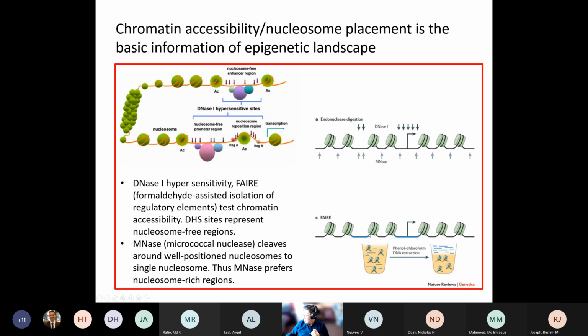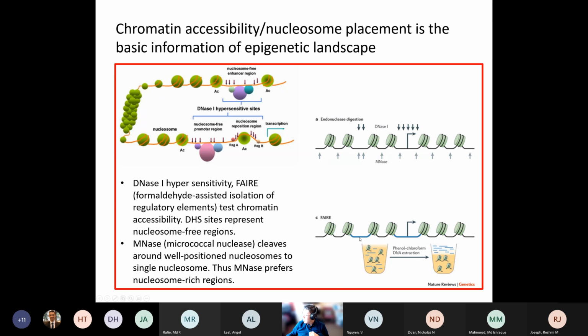But this region, as you can see here, this light blue region, it's not cross-linked to anything. Therefore, when you put it into solution, you can extract this relatively naked region. Use phenol-chloroform to do DNA extraction.